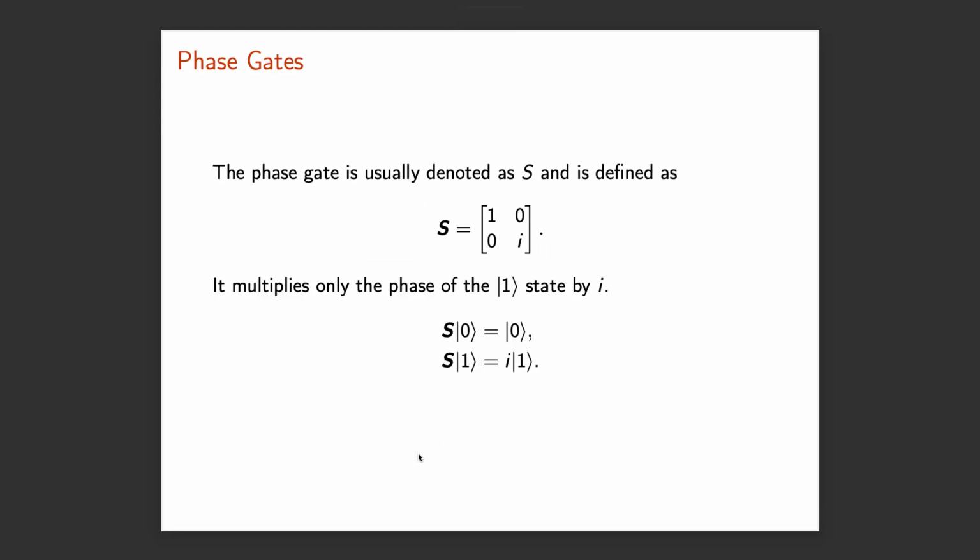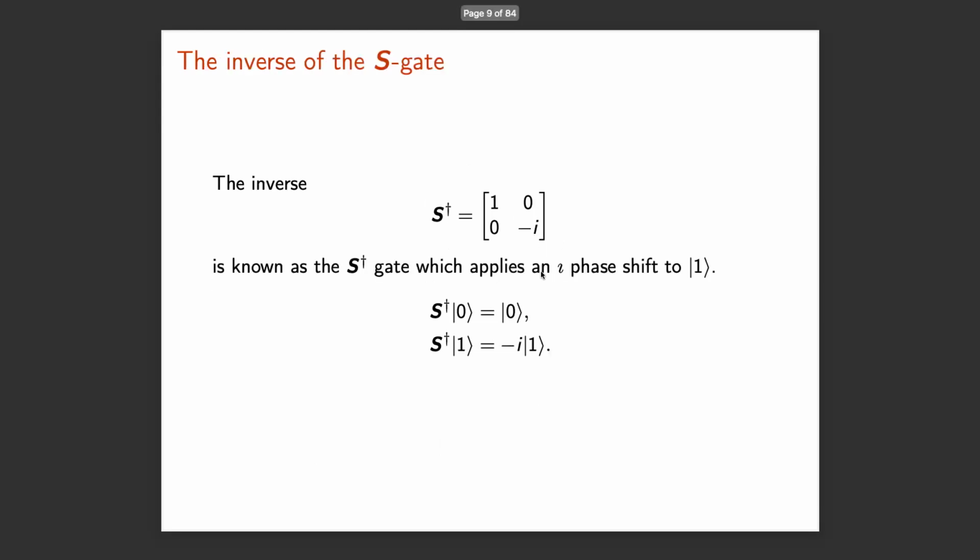Then we have a famous gate, which is called the S gate, and that multiplies only the phase of the 1 qubit state by just an imaginary component i. So that's another type of rotation, where you then have fixed the angle here, so there would be an exponential here with an angle of pi times an angle phi.